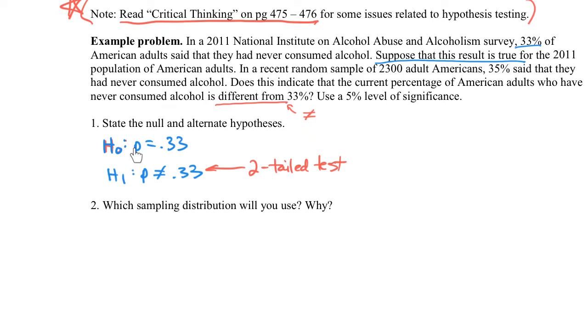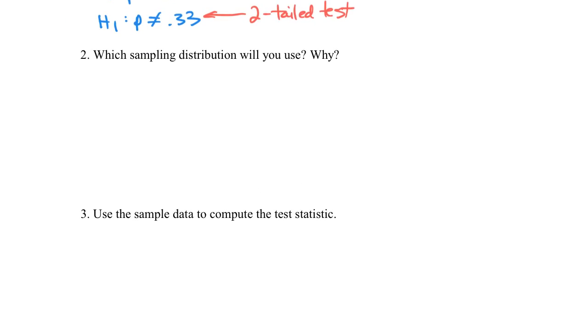It's always going to be either mu or P. And in this case, with proportions, it's P, the population proportion. So which sampling distribution will you use and why? Well, we're testing proportions, so it's going to be the normal distribution.